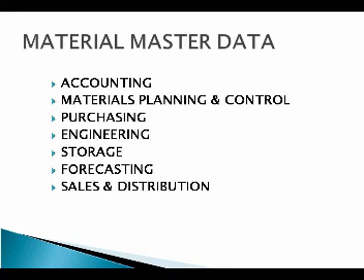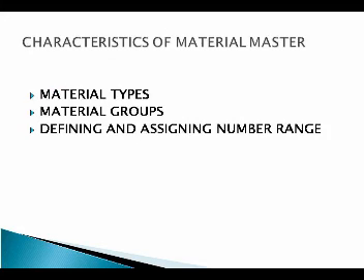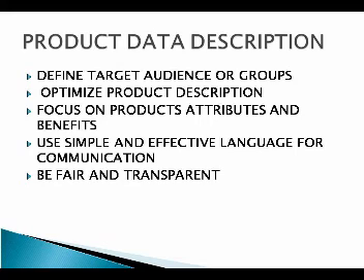So what are the characteristics of material master? It contains material types, material groups, defining and assigning number range, accessing master material. So product data description. The product data description is a marketing copy, hard or soft copy, generated by the company to provide the customers with sufficient data.